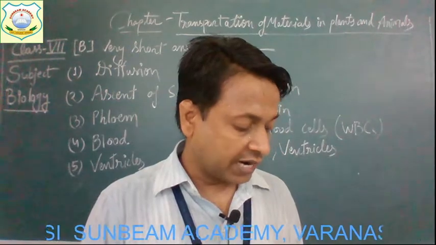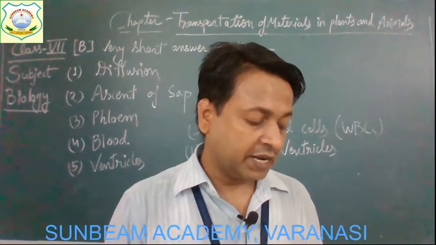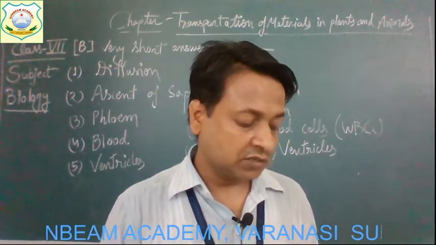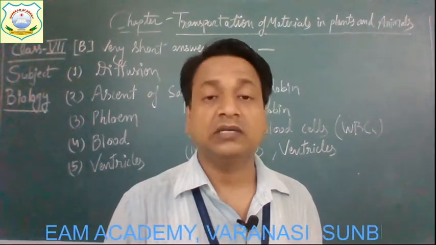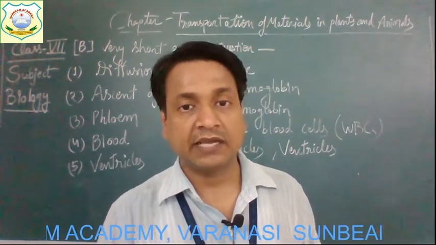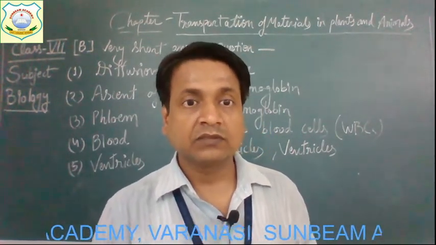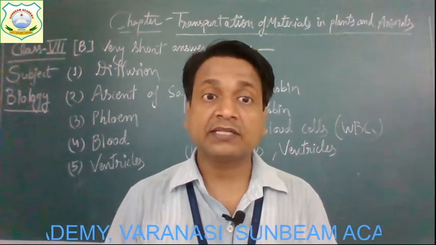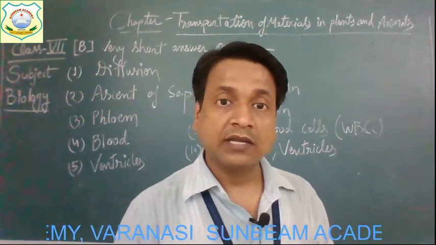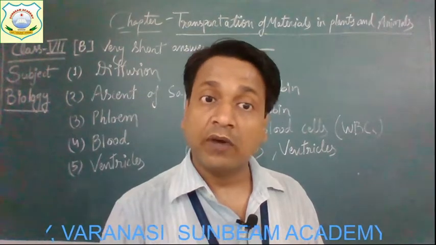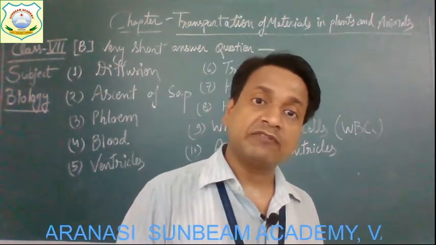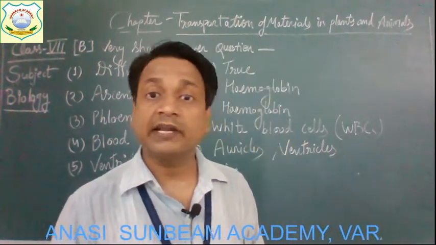Alright. Now come to the question number 13. The question number 13 is, oxygenated blood is found on which side of the heart? Left side or right side? Children, as we have discussed, there are auricles and ventricles, one auricle and one ventricle on the left side and one auricle and one ventricle on the right side.